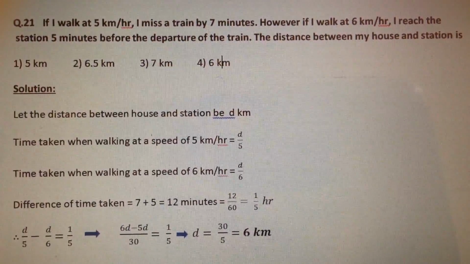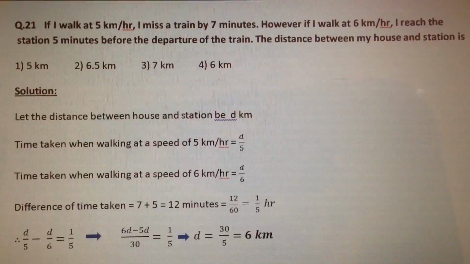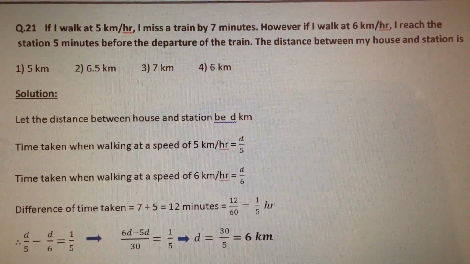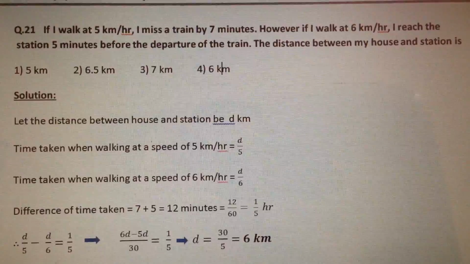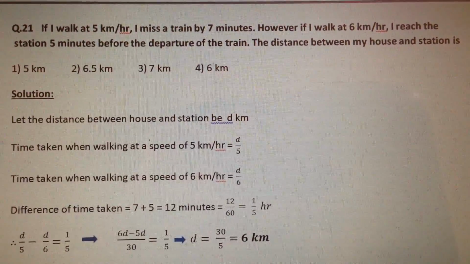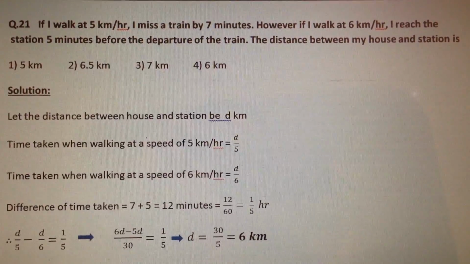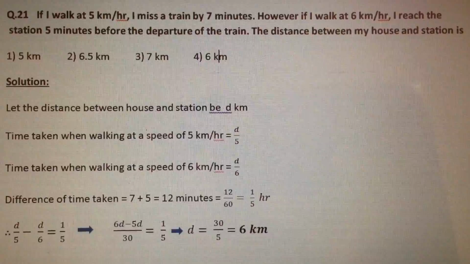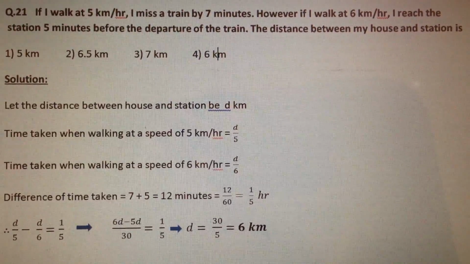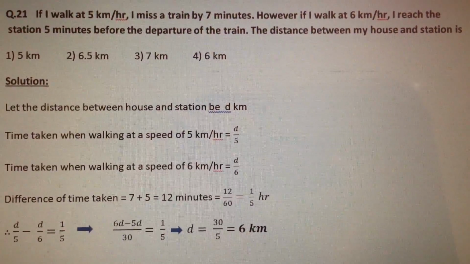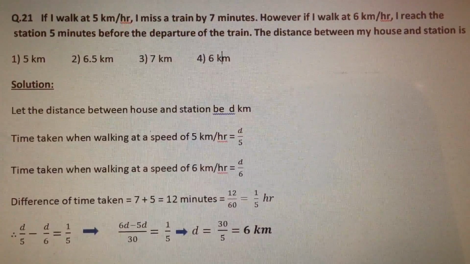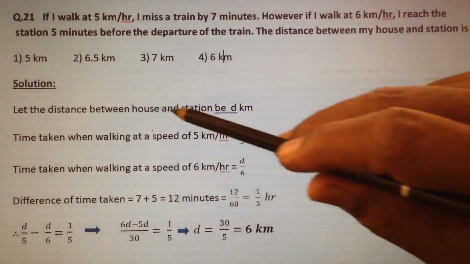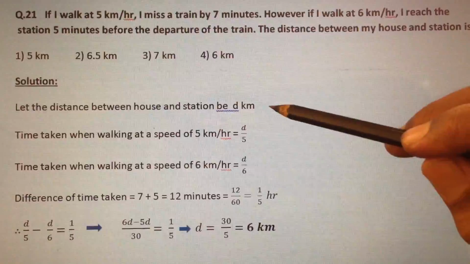Next question. If I walk at 5 kilometers per hour, I miss a train by 7 minutes. However, if I walk at 6 kilometers per hour, I reach the station 5 minutes before the departure of the train. The distance between my house and station is. Let us assume the distance between house and station be d kilometers.